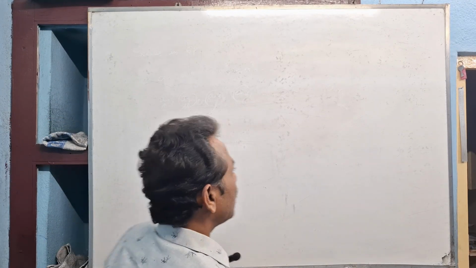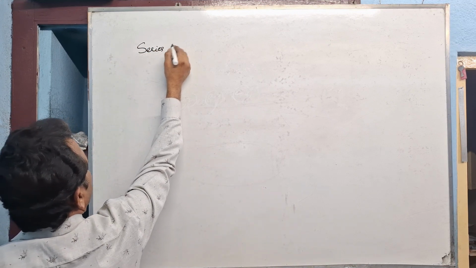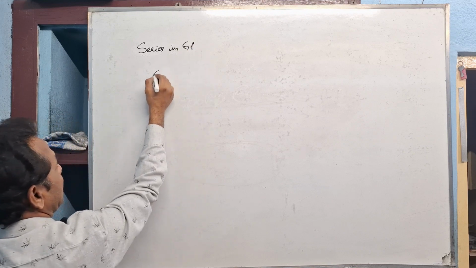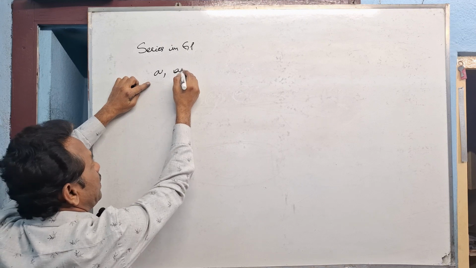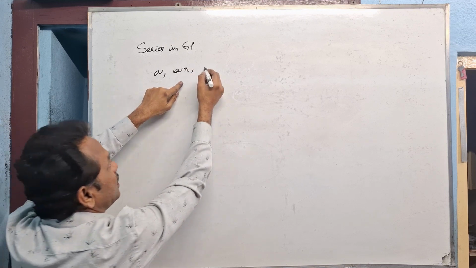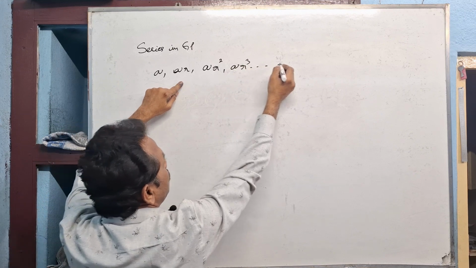Children, the series in geometric progression will be like this: the first term will be A, the second term is AR, the third term is A into R square, and A into R cube and so on.